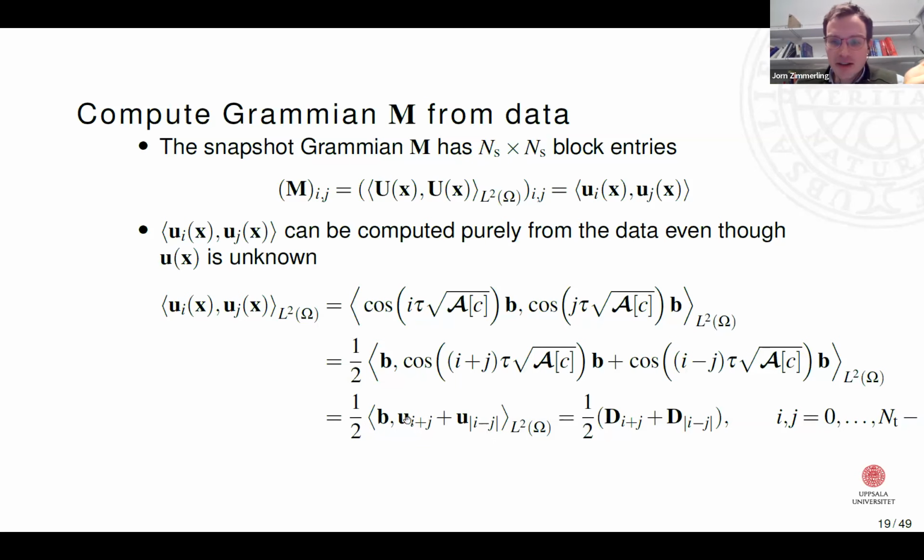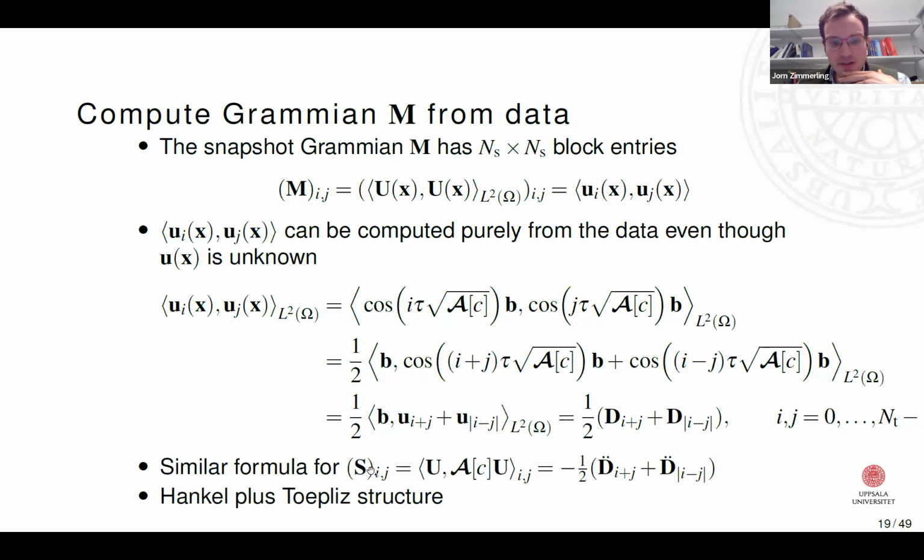And then this inner product just collapses to the data at time step i plus j plus the data at time step i minus j. And this is now essentially M, you can see, the data at various time steps. And so M is a Hankel matrix plus a Toeplitz matrix indeed.